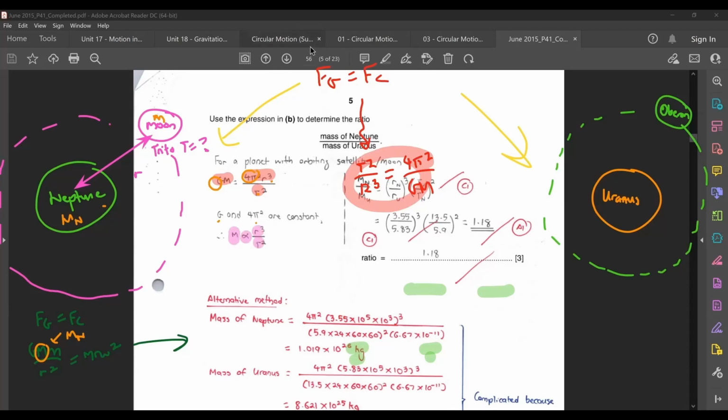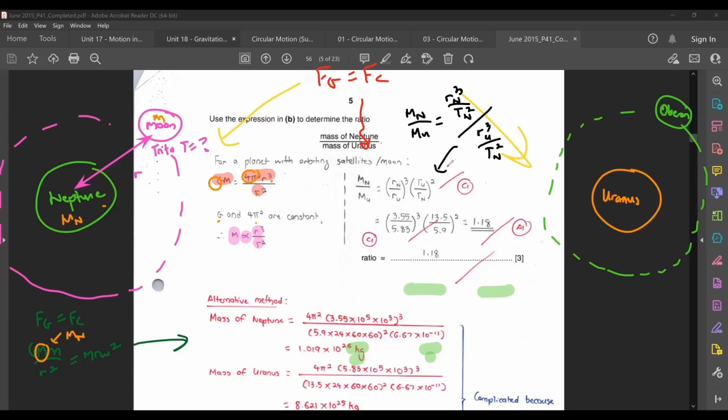Okay, so from here, you can actually then work out these values, where you say that Mn to Mu is Rn cubed over Tn squared over Ru cubed over Tu squared.